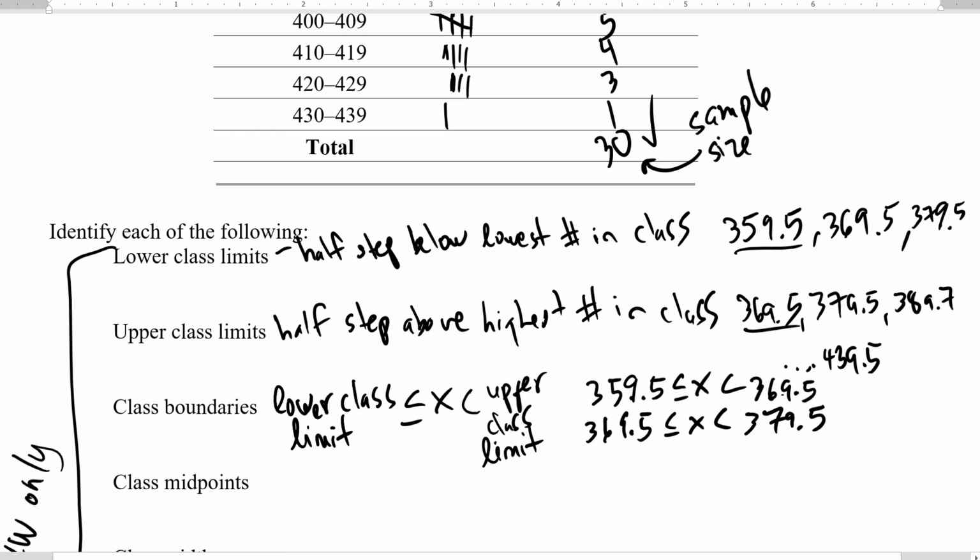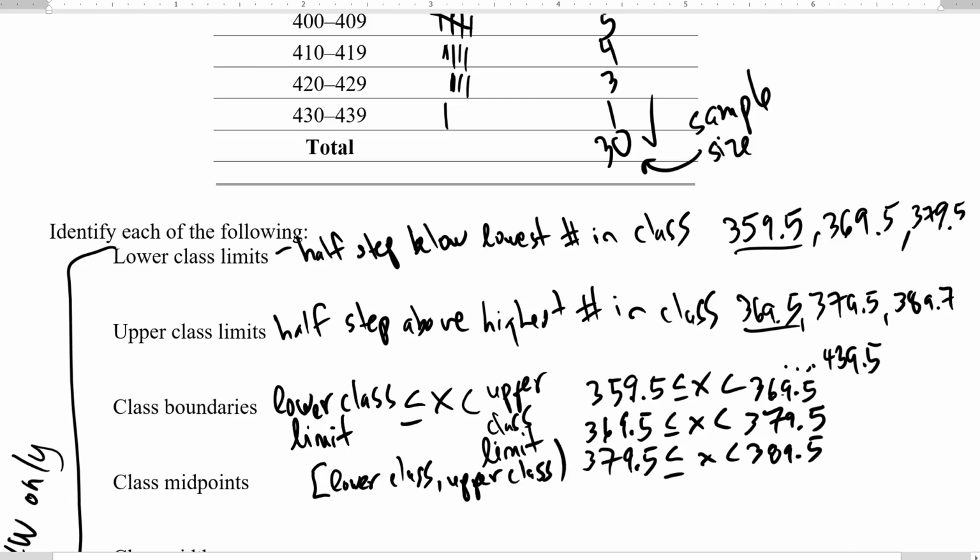So the next one would be 379.5, included in the third class, up to 389.5. So that's one way of writing it. You can also do this, sometimes they'll do this in set notation, where you would do the lower class, comma, the upper class, with parentheses.